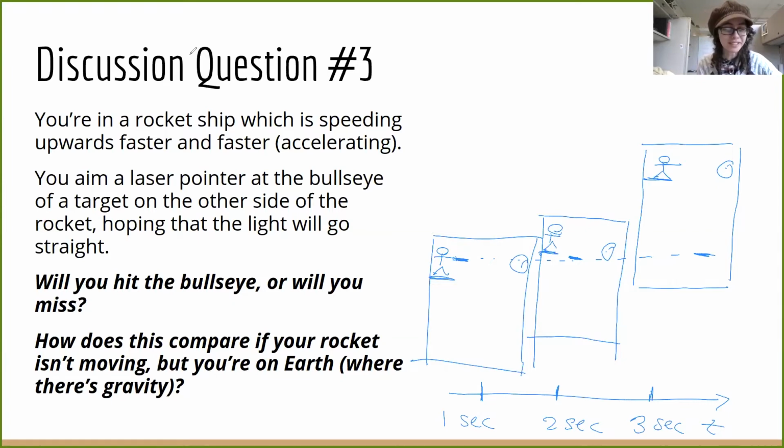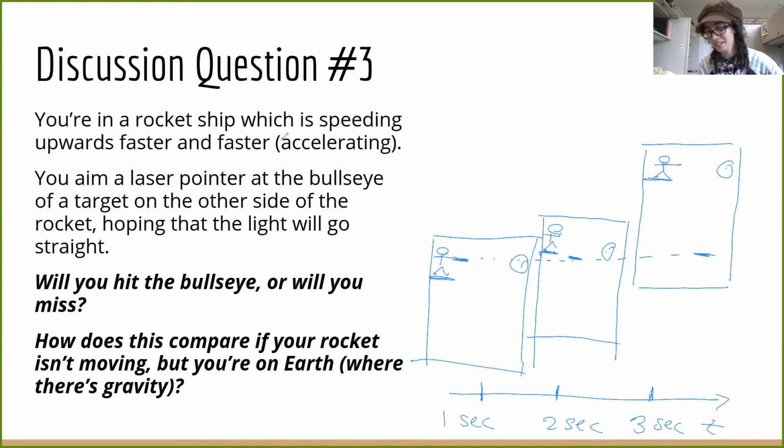And if you do this on Earth and you're not falling, or you know that the rocket ship is not accelerating and there's just the Earth's gravity, well, from the equivalence principle, we found that acceleration and gravity are indistinguishable locally, at least. So you expect objects to behave the same way in either case. So on Earth, you expect the laser to do the exact same thing. It'll actually miss the bullseye, which is not at all how we're used to light behaving in our everyday lives.